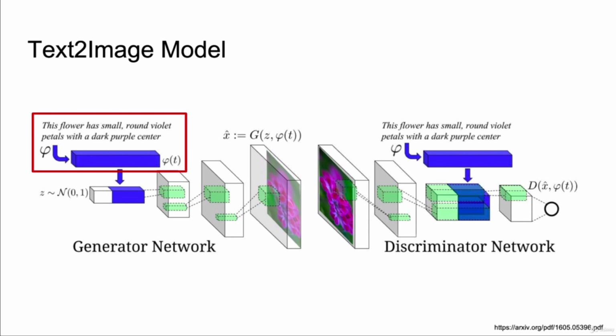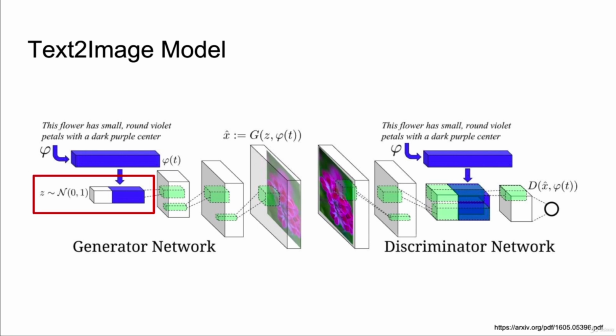For this purpose, we can use embedding layers, convolutional and recurrent neural networks. I will not go into details about encoding the text. However, you should understand that we transform our text description into a vector representation. If you want to look at the details, please read the research paper that I mentioned in the bottom right corner.